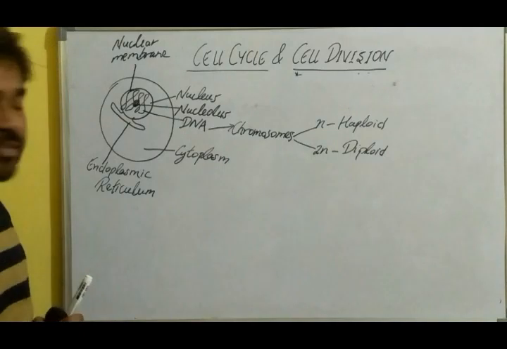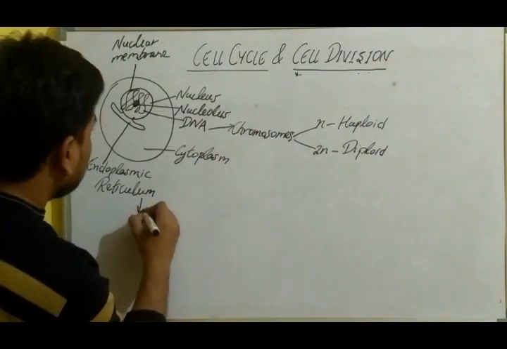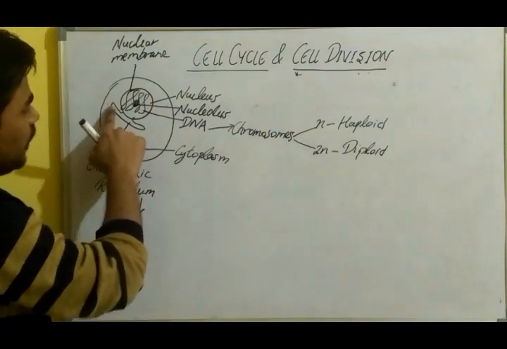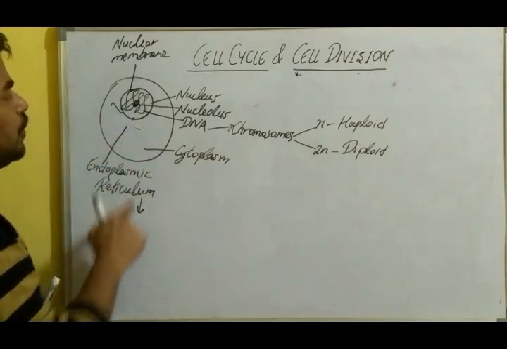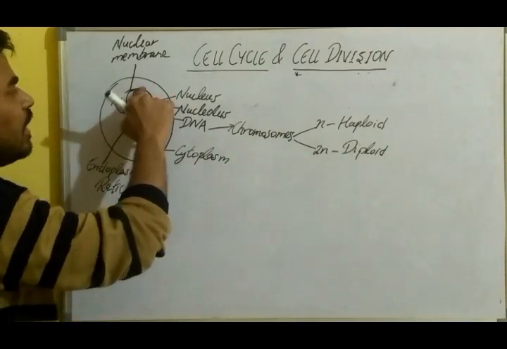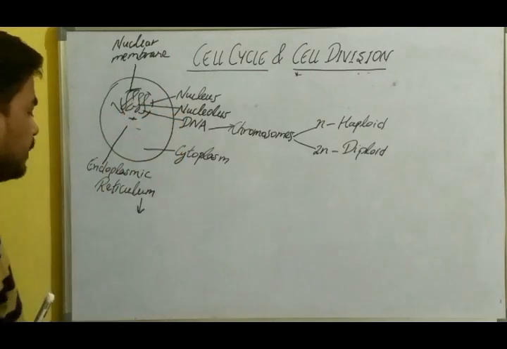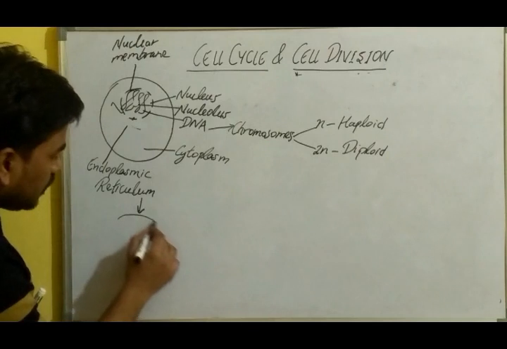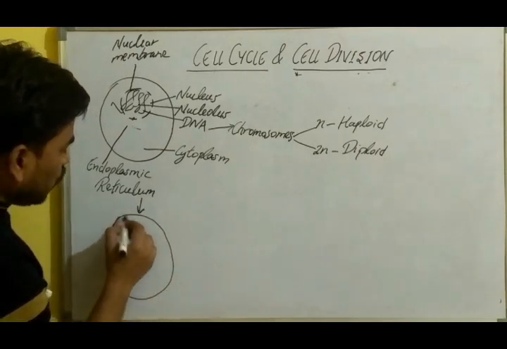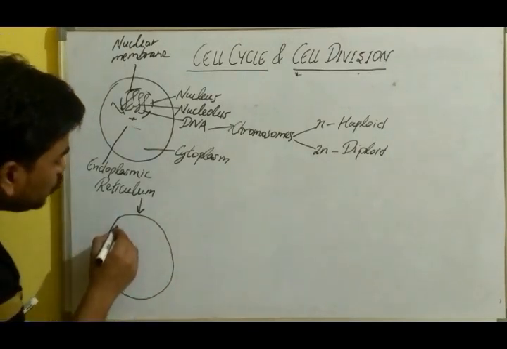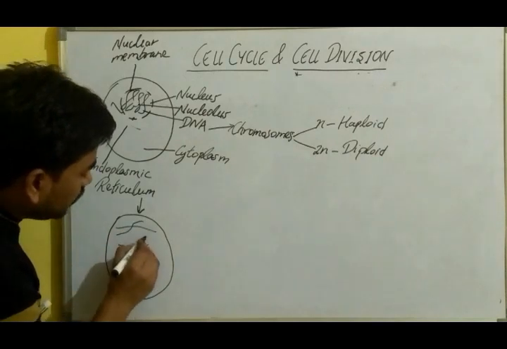So what happens for cell division? The endoplasmic reticulum, nuclear membrane and nucleolus start disappearing, due to which the chromosomes become free from the nucleus.